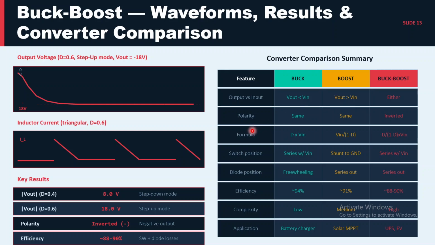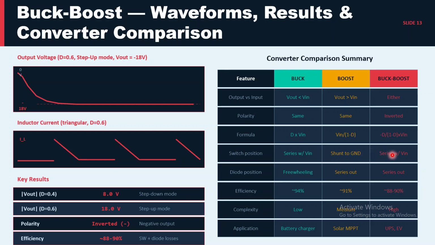Then there is a formula for the buck converter: duty cycle times input voltage. Boost converter: input voltage divided by 1 minus duty cycle. And here is the buck boost converter formula. Then switch position: in the buck it is in series with respect to the input voltage. In the boost, it is shunt to the ground, parallel to the ground.